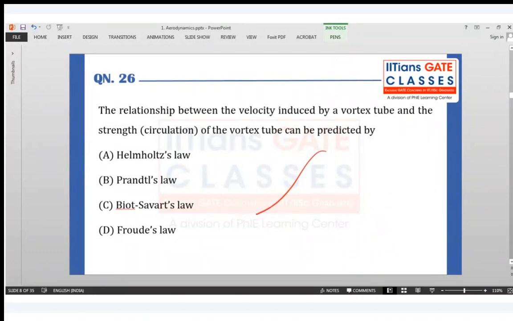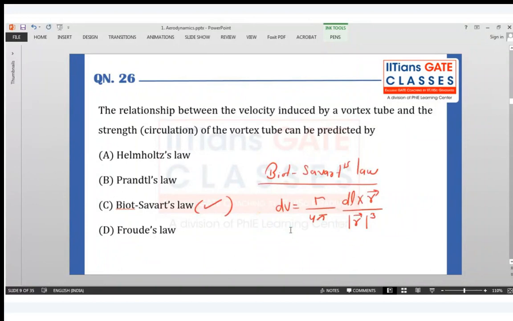What this tells you is that if you have a vortex filament, and the velocity induced by the filament at any point P, which is at a radial distance of r from the vortex whose strength is gamma, the induced velocity can be given by dV is equal to gamma upon 4 pi, dl cross r vector, over r cubed.